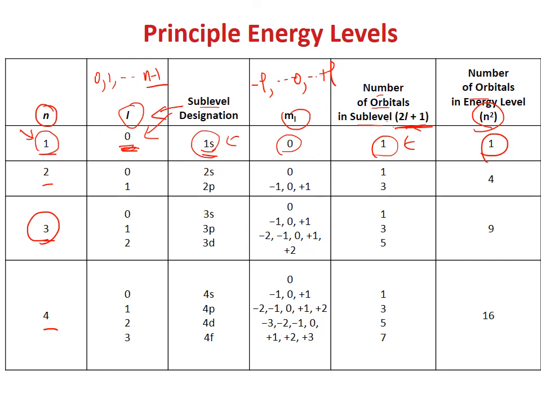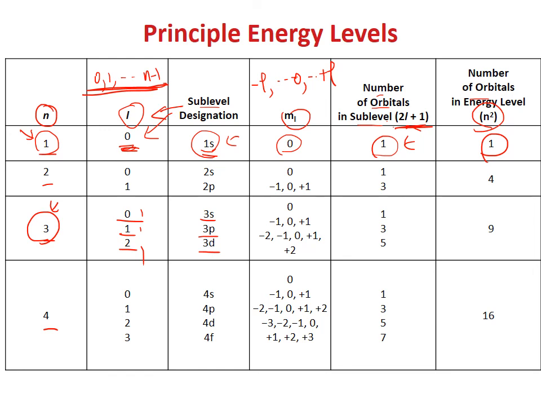So when n equals 3, L, according to this, can be 0, 1, and 2. The name for L equals 0 is s orbital, and because n is 3, it's 3s orbital. When L equals 1, it's called 3p orbital. When L equals 2, it's called 3d orbital.